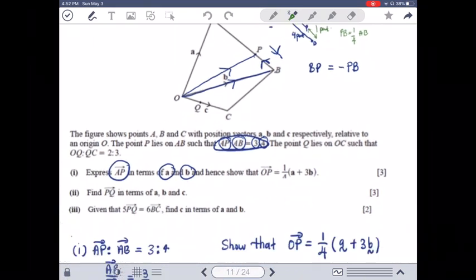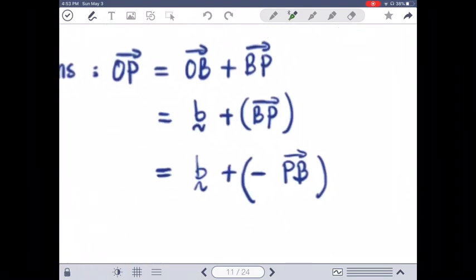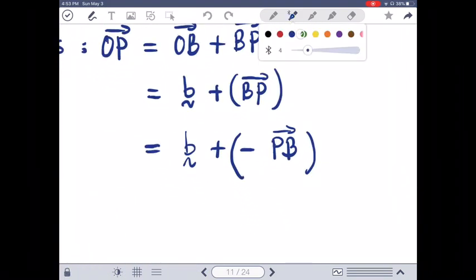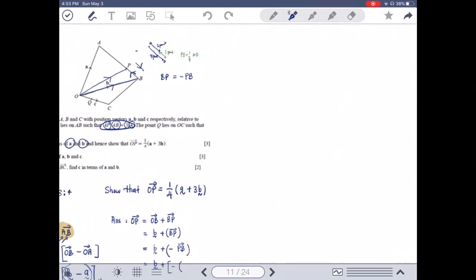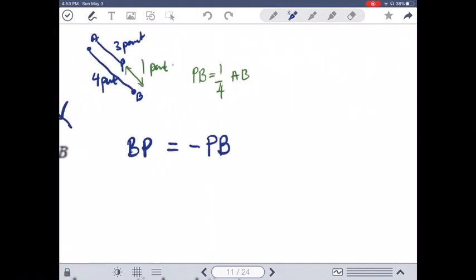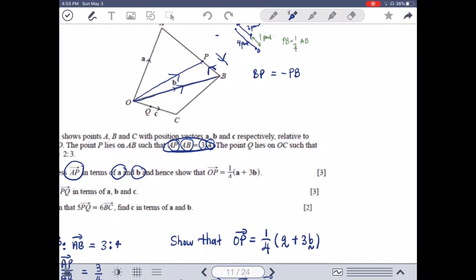Let's do that. So let us just see. So again, the fact is that B plus negative of vector PB, again vector PB is 1 over 4 of vector AB.